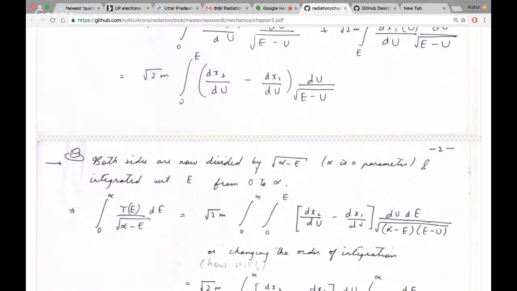I write it as T divided by under root alpha minus E dE equal to under root 2m, and here also this thing, under root alpha minus E dE.